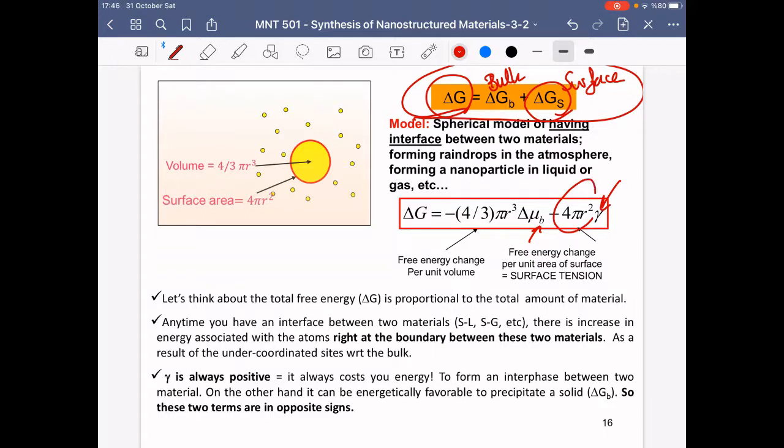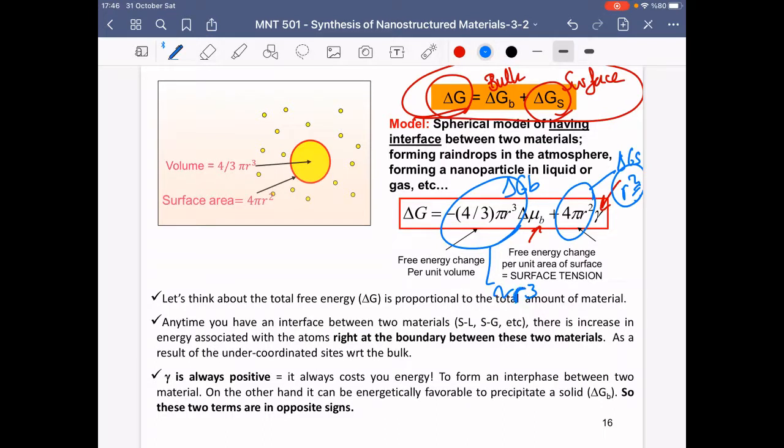This is a surface term that affects delta GS. So this is affected by R squared, okay? And this is a volume term, delta G bulk, and that is correlated with R cubed, okay?